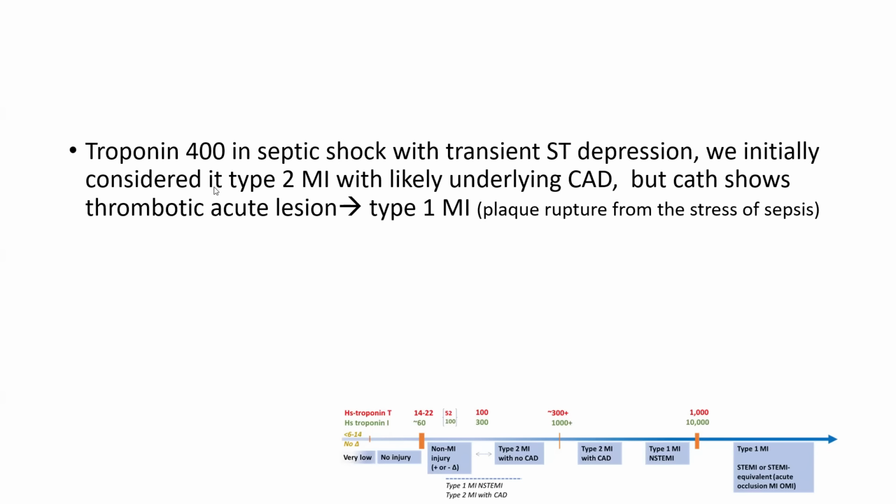We initially considered it type 2 MI with likely underlying CAD because of the severity of the troponin rise and the ST depression. But cath shows an acute thrombotic lesion. So in retrospect, we change our diagnosis to type 1 MI. So there is a fluidity in the diagnosis between type 1 MI and type 2 MI with underlying CAD.